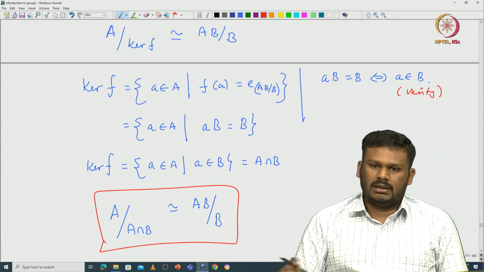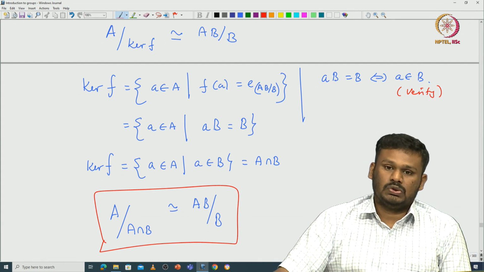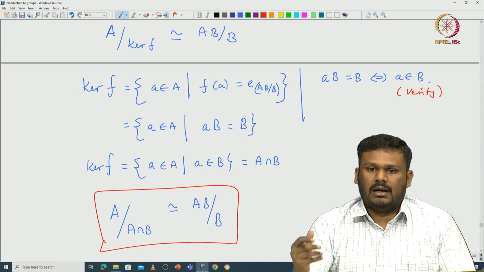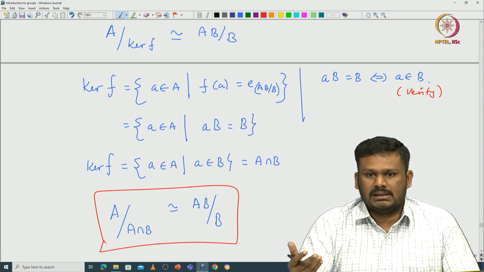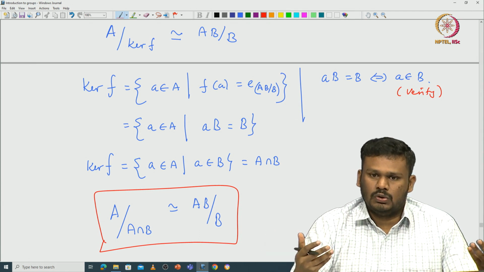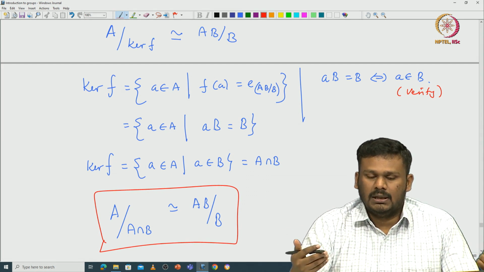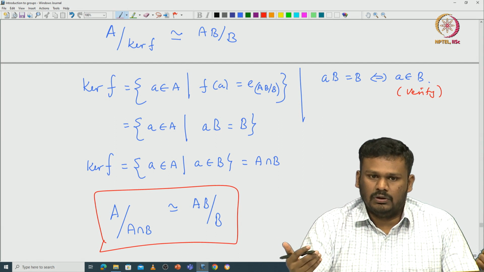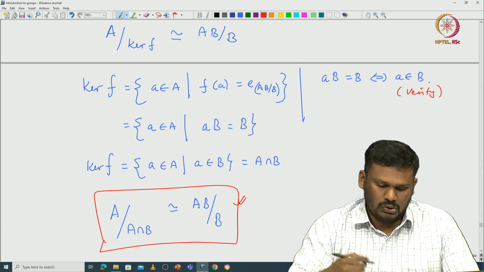This is something very powerful. Theoretically speaking, it is a very useful result. Whenever you have two subgroups that behave nicely, that is, A is contained in the normalizer of B, then you are able to take the product of those two subgroups, which will again be a subgroup, and if you take AB modulo B, then that will be naturally isomorphic to A modulo A intersection B. From a theoretical point of view, it is a very useful result.